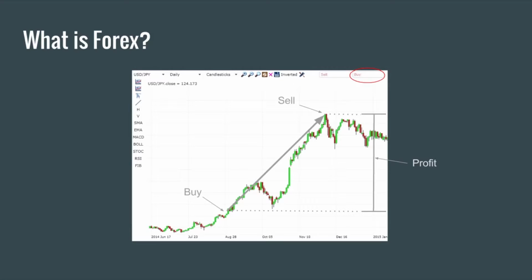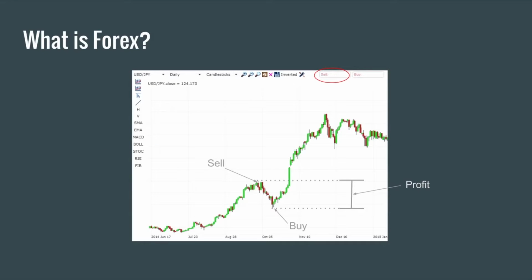So applying that to the Forex markets, let's look at a chart of the US dollar Japanese yen currency pair. Similarly to the stock market, you want to buy a Forex pair low and sell it at a higher price than what you bought it, and the distance from which you bought the pair and sold the pair will be your profit.